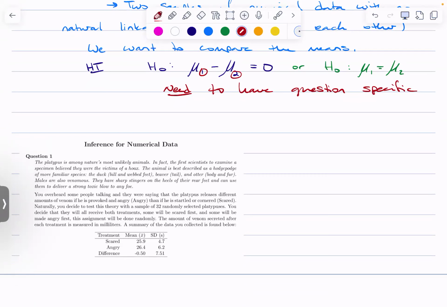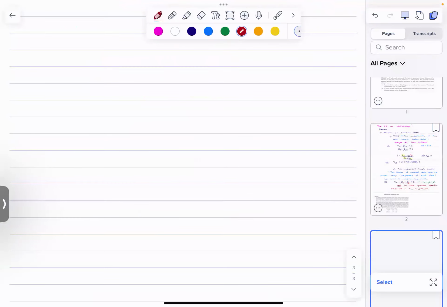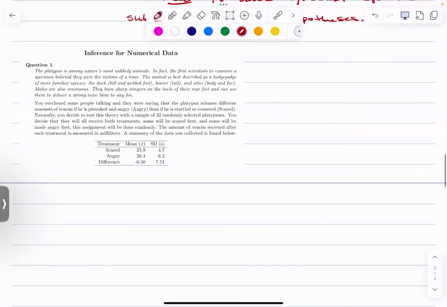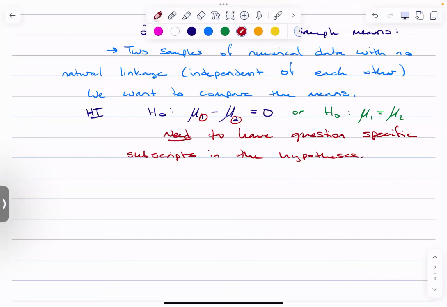You can just use 1 and 2, it's easier. But we need to have question-specific subscripts in the hypotheses. And I bring that up because I was marking another test that I just had, and I wrote that a lot and took half a mark off. Rude. But I wrote it in red. Now you're gonna remember.